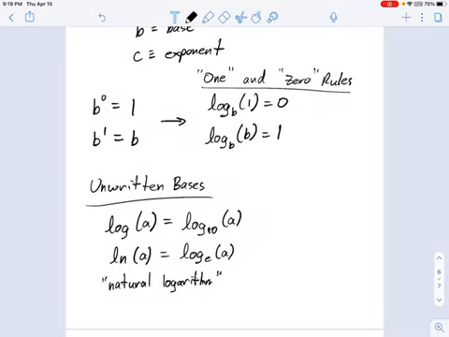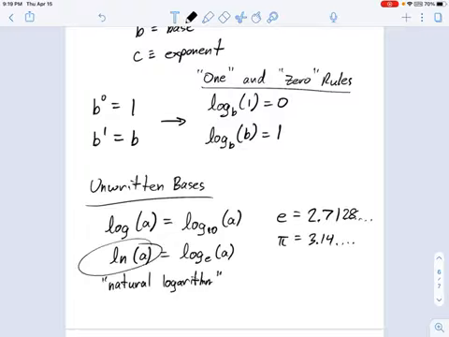And if you haven't run into e before, e is a very special number, 2.71, and it goes on for a while. I can't remember what comes next, maybe 2, 8, something like that. Sort of like pi is a special number, right? Pi is 3.14, and it goes on for a while. So e is so special that mathematicians made a logarithm just for it. It's called the natural log. But what it is, it's just log base e.